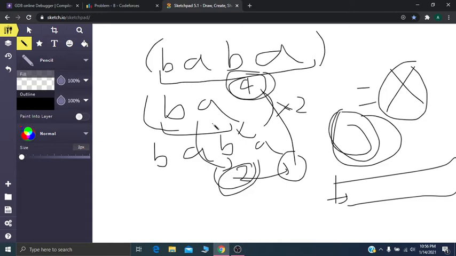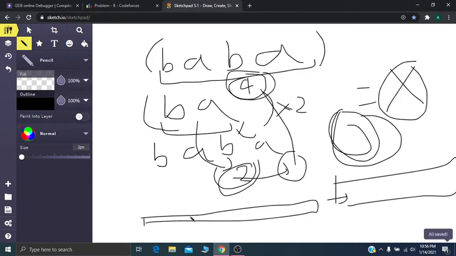This was the first observation, and what we have to do is find out the LCM of these two given strings' lengths. Okay, so this is my length finally, and what I only care about is, what will be the string then?